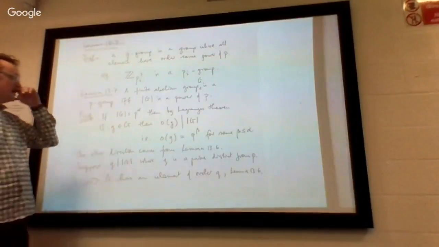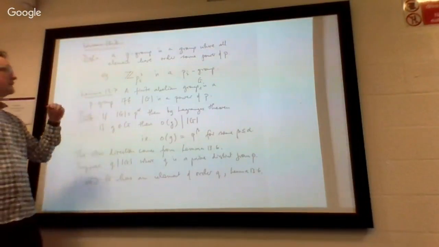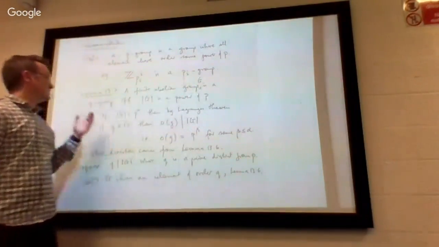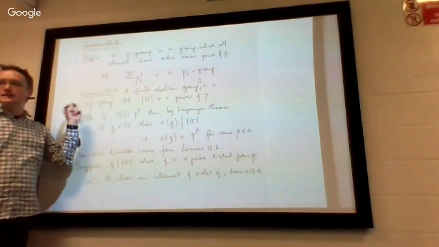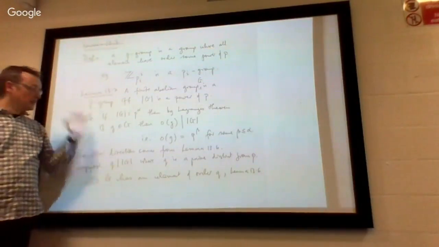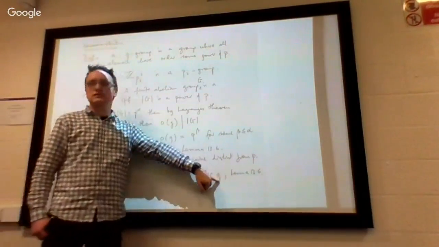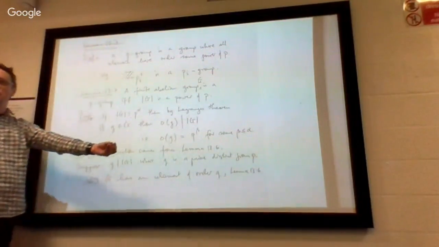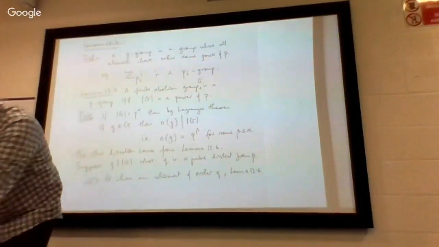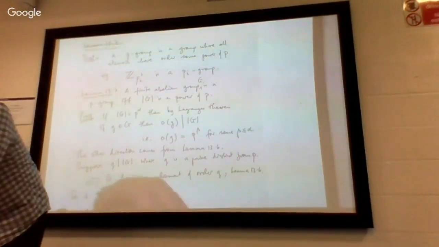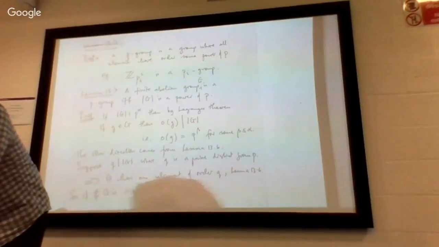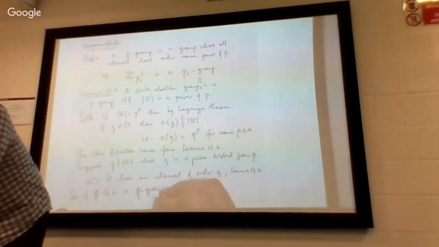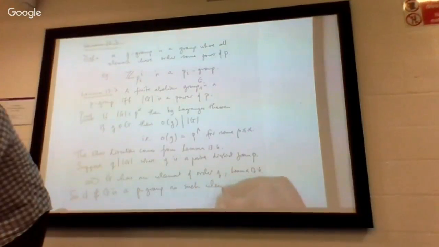So that means if we know beforehand that every element in G has order some power of P, that is, G is a P group, then there can't be any of these elements whose order is another prime.